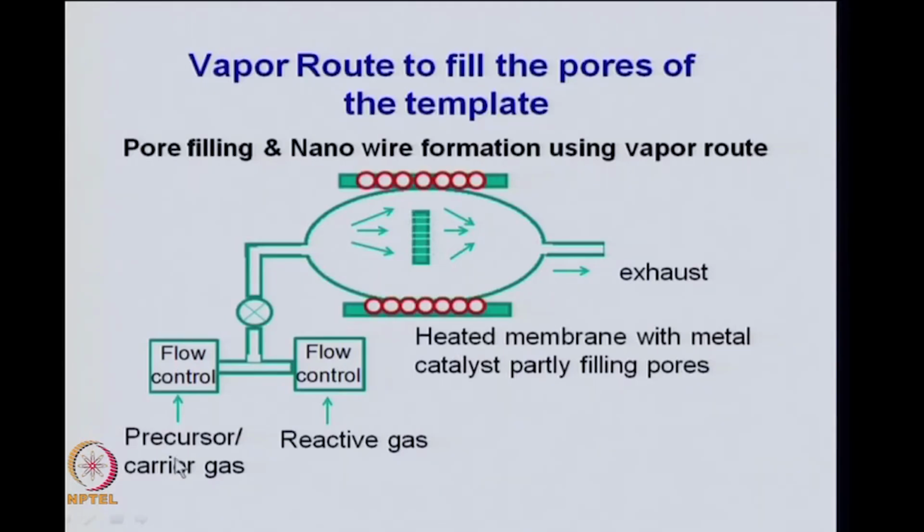It is only a gas which is inert, and it helps movement of the gas and other particles. So, it gives a pressure or movement of the particles and the reactive gas. The reactive gas actually gives the particles which you want inside the pores, which will lead to the nano wire formation. So, you have two entry points, one from this side and one from this side, and then they mix.